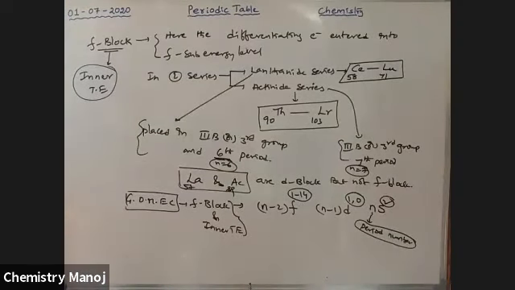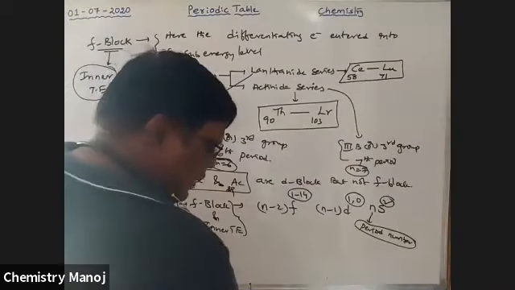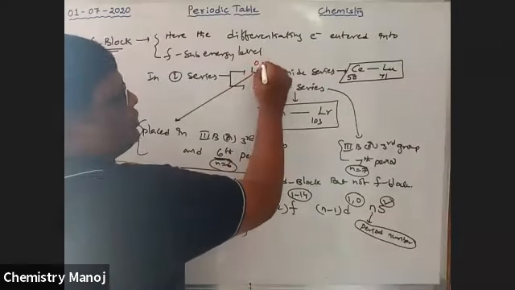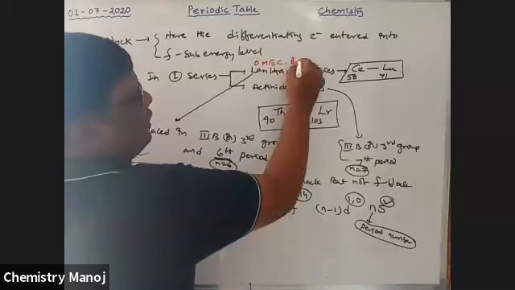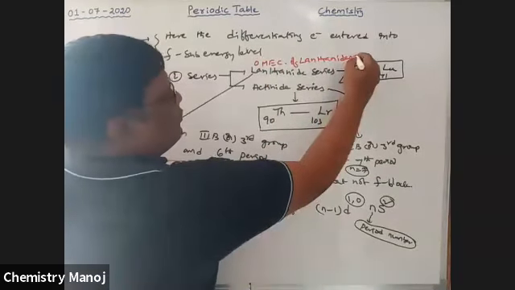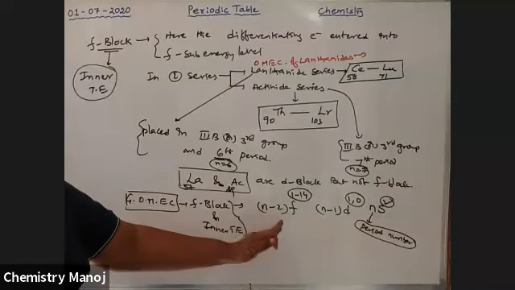Now, the outermost electronic configuration of lanthanides. Put n is equal to 6 here.